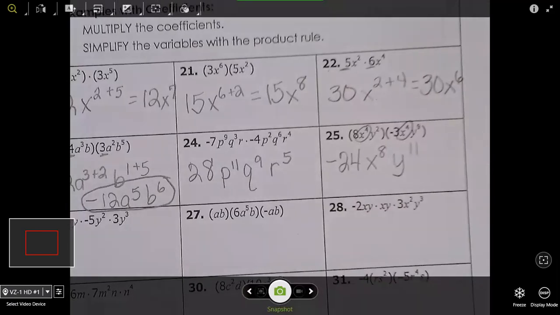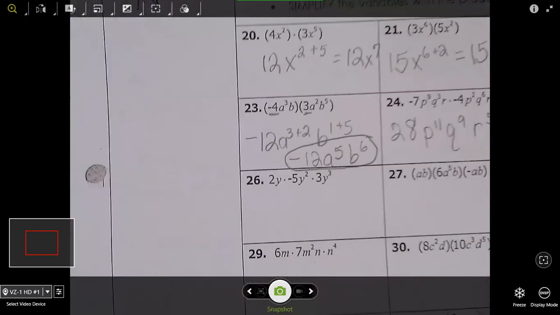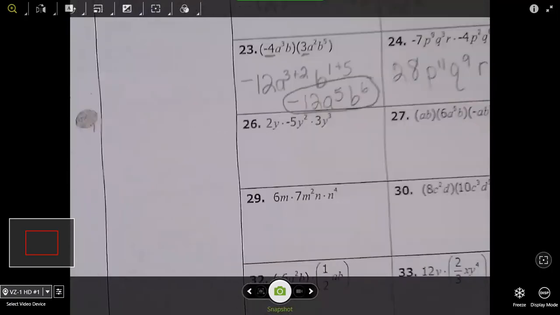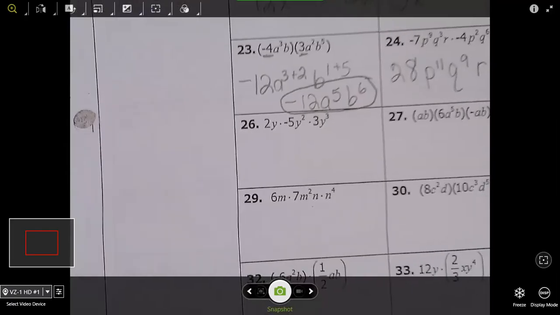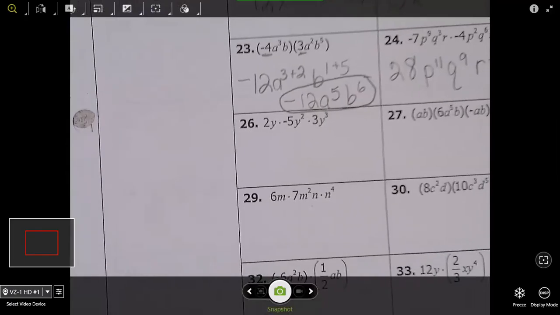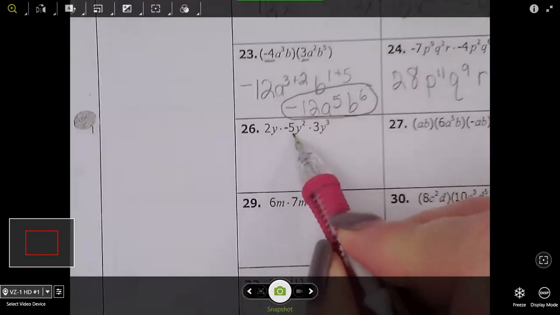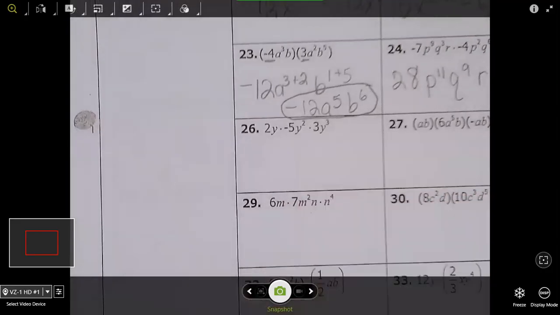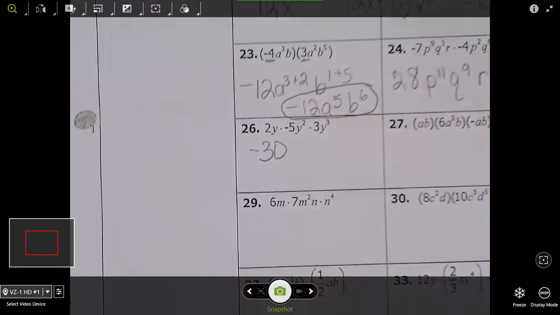Okay, super. All right, now if you look at number 26, now we've got a whole bunch of coefficients. Don't worry, we're gonna multiply. And not only that, use Desmos. Like, I don't know what 2 times 5 times 3 is, but type it in. And it's a -5, by the way. Someone tell me, type it in. 2 times -5 times 3. -30. Okay, now we've got a lot of y's.